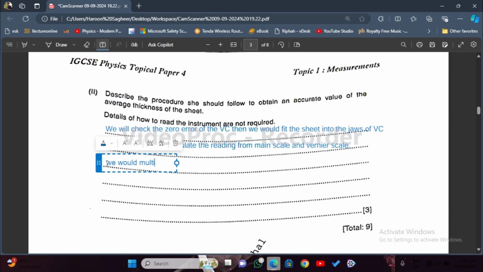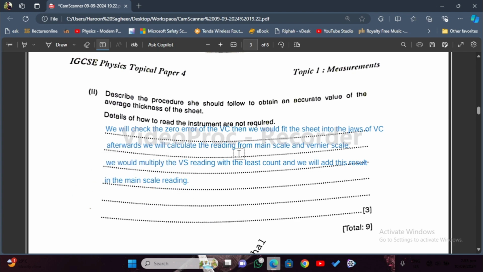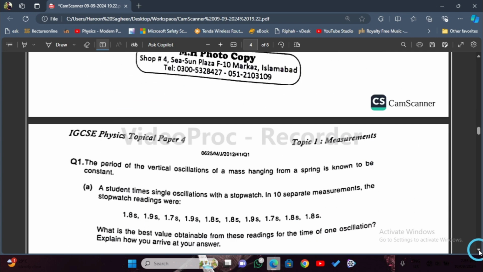We would multiply the vernier scale reading with the least count, and we will add this result to the main scale reading. Okay, there we go. That is a complete answer, complete description. This question is done. Let's go to the next question.